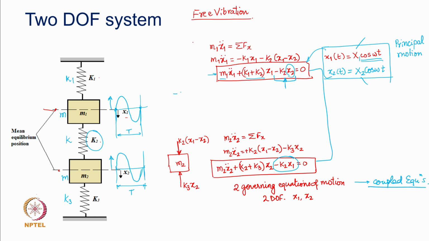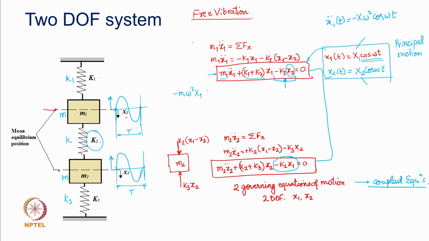So, minus m1 omega square capital X1 cos omega t, because when you take the second derivative, X1 double dot of t would be capital X1 times minus omega square cos omega t. Similarly for X2.